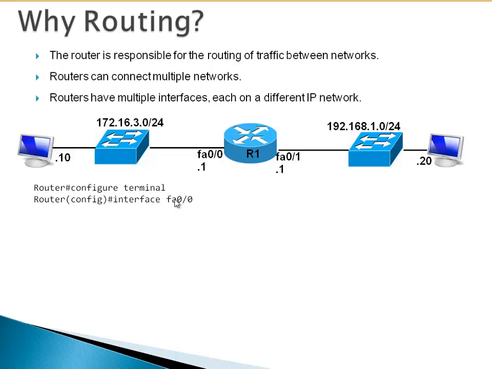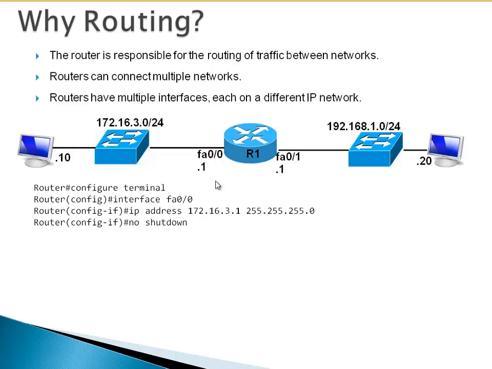So in this case, FastEthernet 0/0, which I'm accessing. Once I'm in that specific interface configuration mode, I type ip address 172.16.3.1 and the subnet mask 255.255.255.0. The router's interfaces are administratively down by default, so we have to type no shutdown to bring them up or enable them.